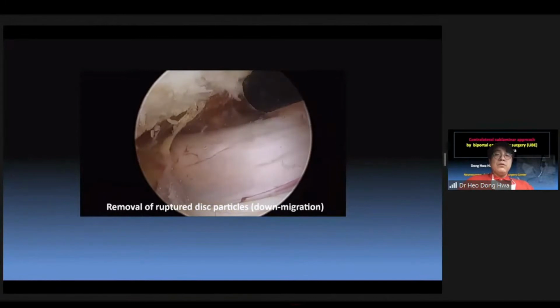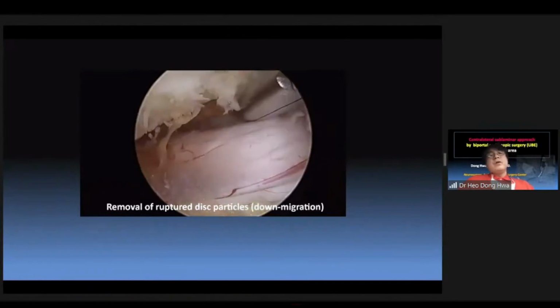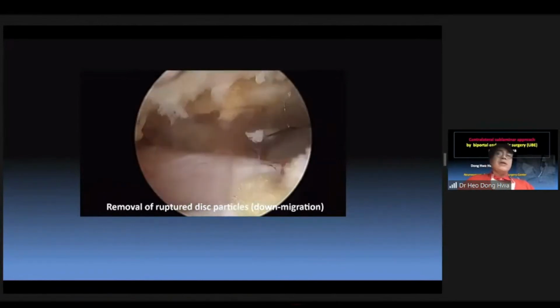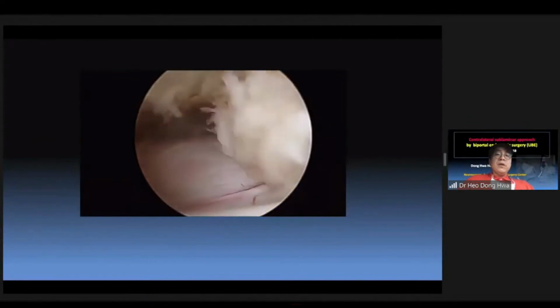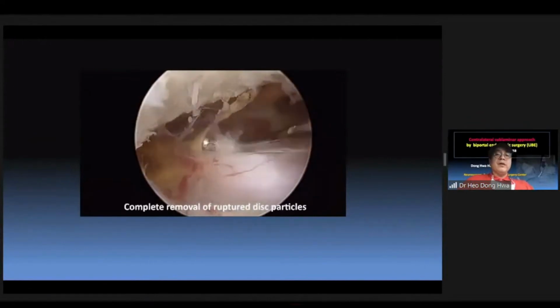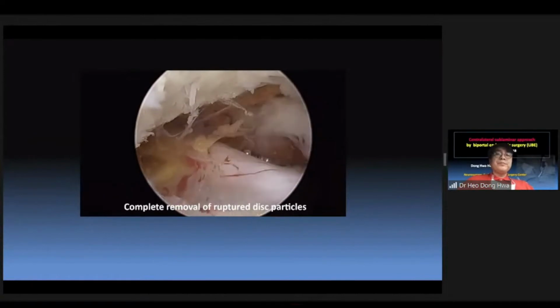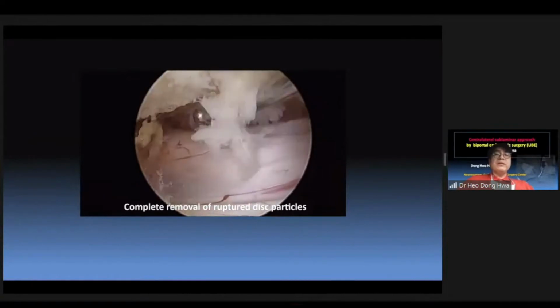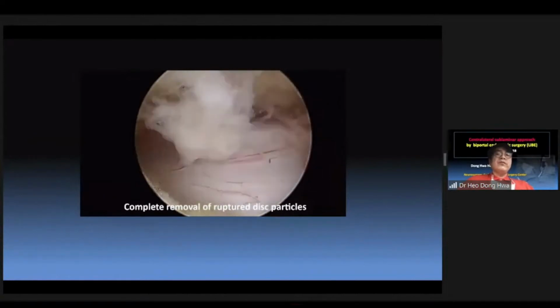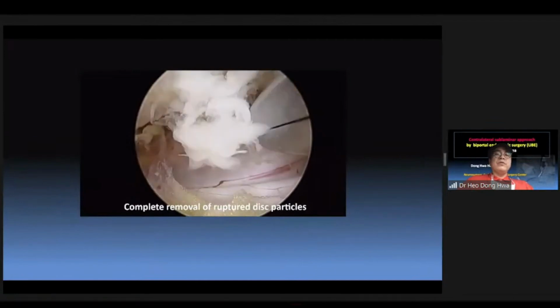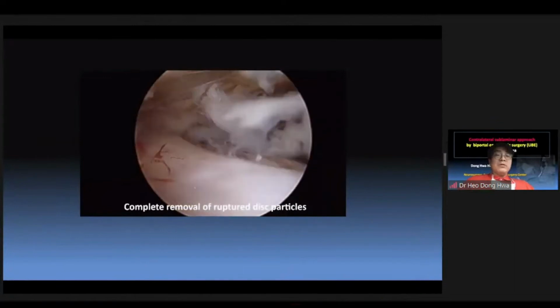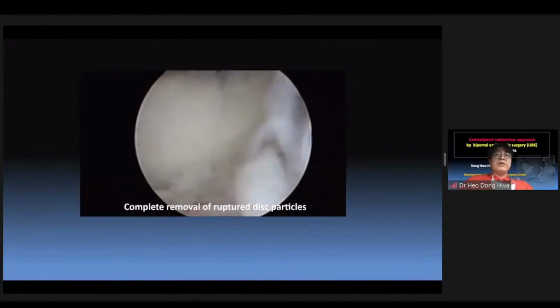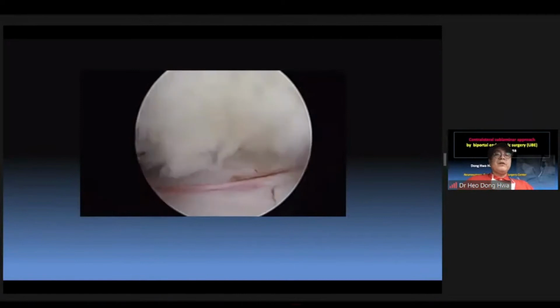Also, you can see the medial border of the L3 root, and I remove the ruptured disc particle again. Also, I explored and dissected under the contralateral L3 root, and also removed another disc herniation. Also, you can see the lamina-to-disc particles. The big particle was also removed.